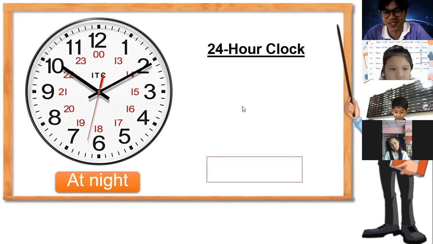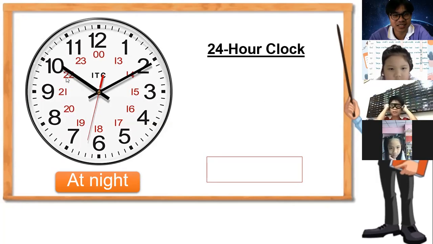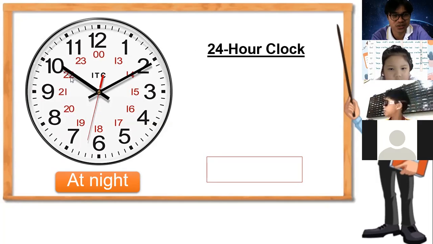Okay. So if you don't want to, just listen to the teacher. I will teach you how to tell the time in this example. Using the 24-hour clock, look here: the hour hand is pointing at 10 and 22, and the minute hand is pointing at 2 or 14.